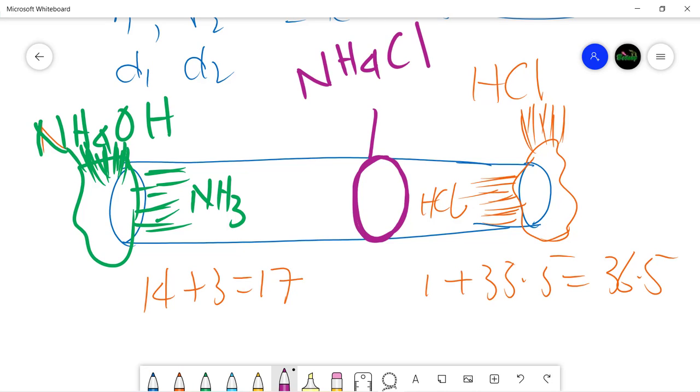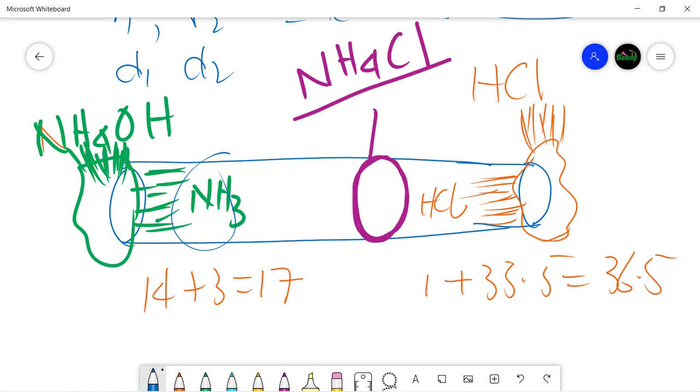This compound is formed when HCl and NH3 fumes react with each other, and the NH4Cl ring will form closer to the HCl because NH3 will diffuse faster, and it will reach this point before HCl reaches here, and when they combine we get a white ring of NH4Cl.